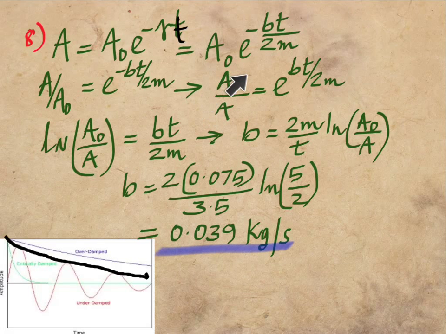Instead of A by A naught, it's A naught by A. And then we're looking for b, so take the natural log on the left side, rearrange to get b as the subject, substitute and calculate. Now b is called the damping constant or the linear damping coefficient.